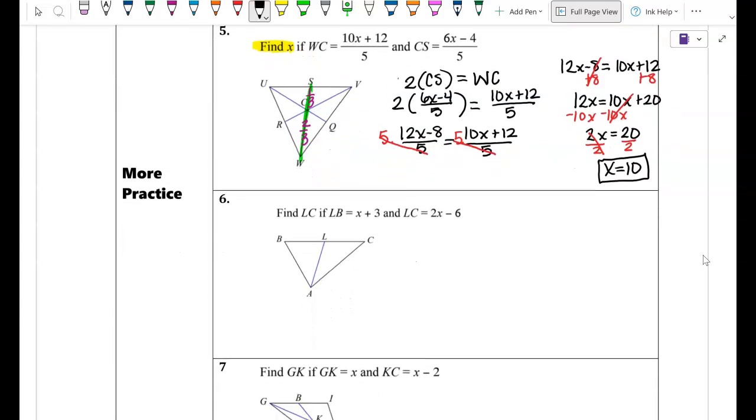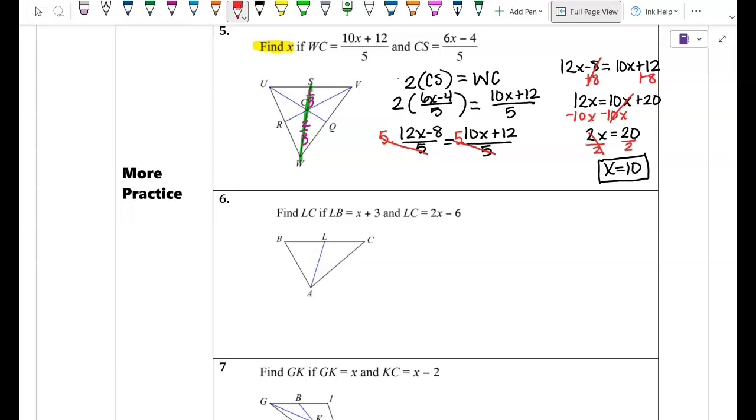On the next one, it says find LC if LB is x plus 3 and LC is 2x minus 6. Again, at the top of the lesson or the examples, it did tell us that the figure shows a triangle with one or more of its medians.